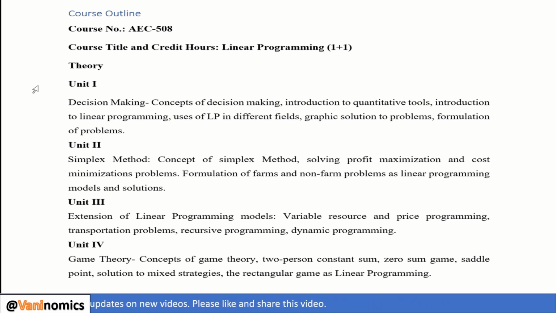We'll also talk about how to find the equilibrium in game theory, that is associated with the saddle point, how to use mixed strategies compared to pure strategies. Like in life, we see people do not stick to one strategy, they use multiple strategies at the same time. We'll also see how to solve these rectangular games as linear programming.